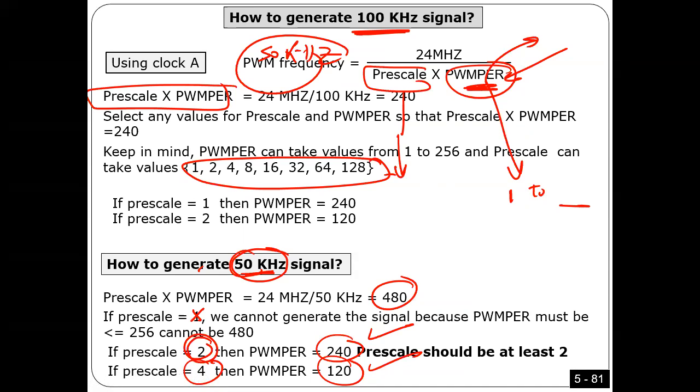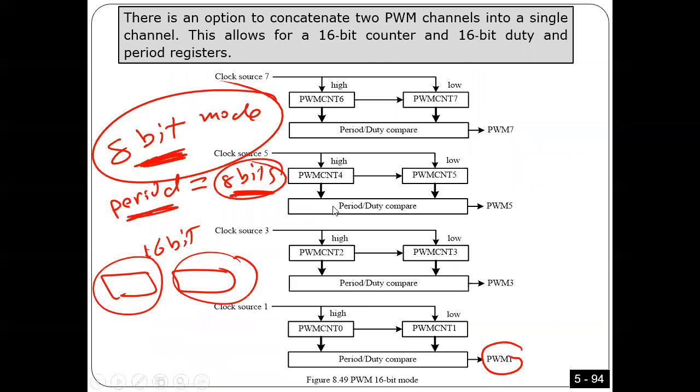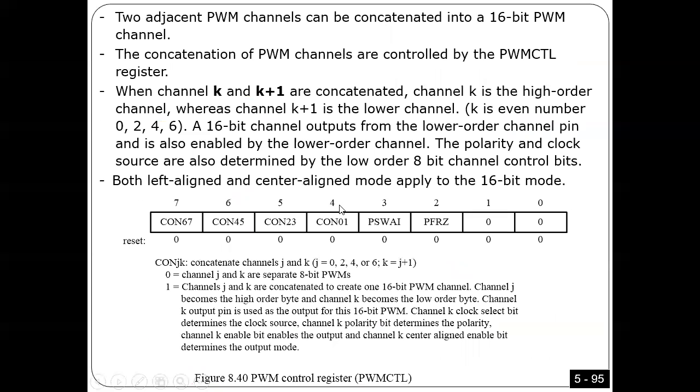Concatenation means I can use two channels to make them like one channel, right? And the benefit here, this period can be bigger, okay? So you can reduce the frequency, if you want to generate more. First, in order to concatenate, this is very easy. All you have to do is put one in the bits to concatenate. That's it, okay? Very easy, right?